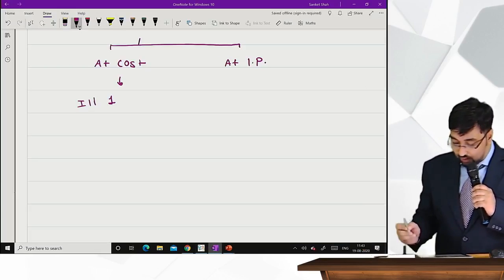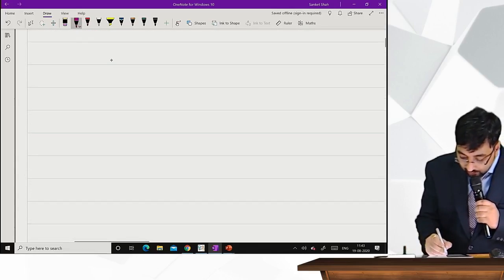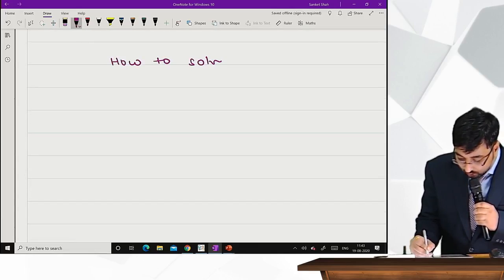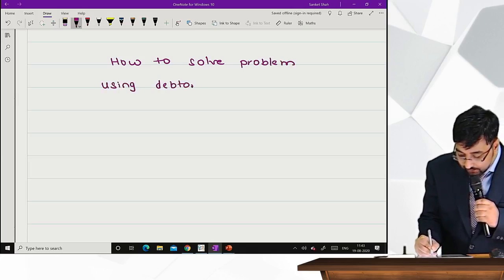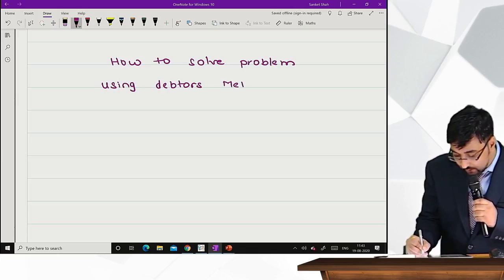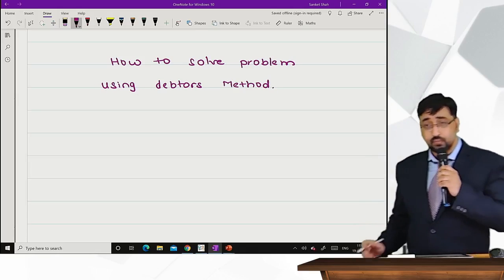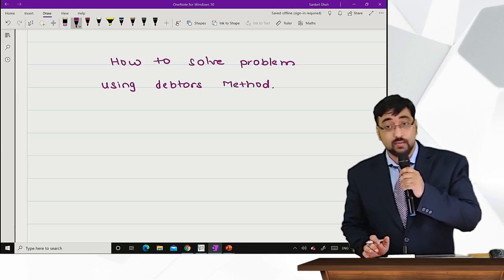Now write down how to solve problems using debtors method. Some steps I will give you, please follow these steps. Remember, these problems do not tally.